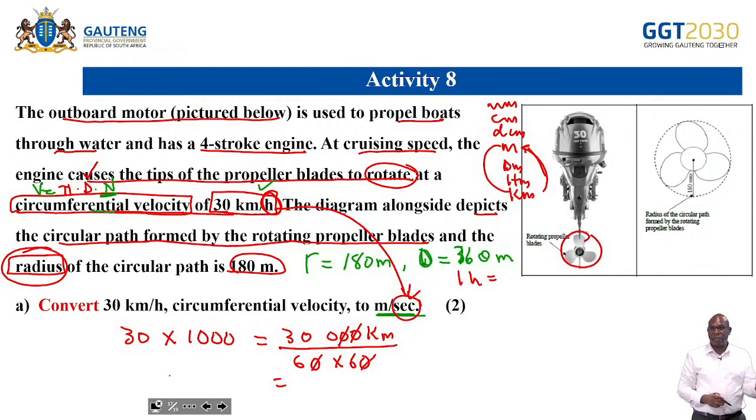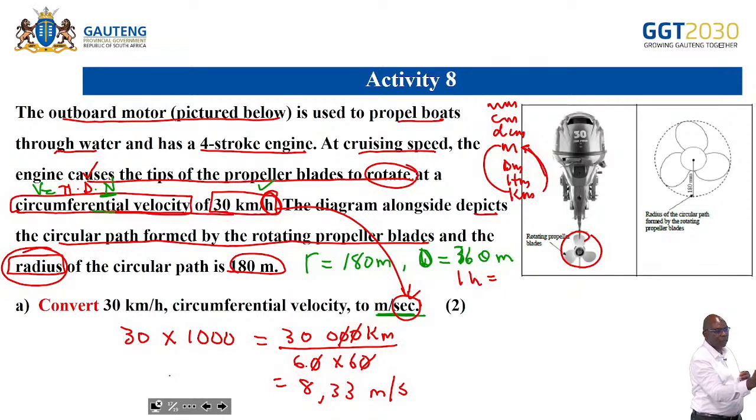I'll have 300 divided by 36. Remember 6 times 6 is 36. So I'm going to divide that, and my answer will be 8.33 meters per second.